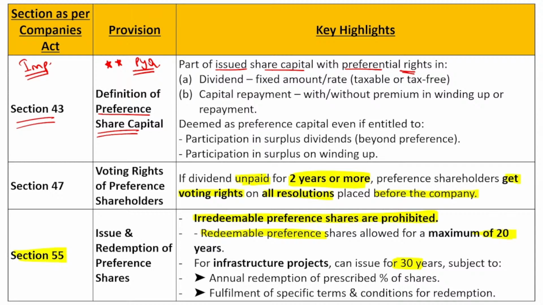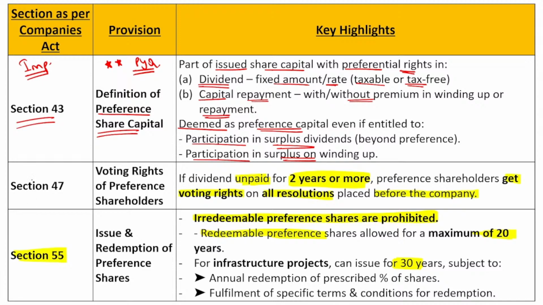Now, what rights are you getting? You will get a fixed dividend, amount or rate, that is going to be taxable or tax-free as per the situation. Then capital repayment, with or without premium, in case of winding up or premium, meaning when you redeem at the due date, how you will be redeeming it. Then it is deemed preferential capital even if it is entitled to participation in surplus dividends or participation in surplus on winding up. So this is your section 43.